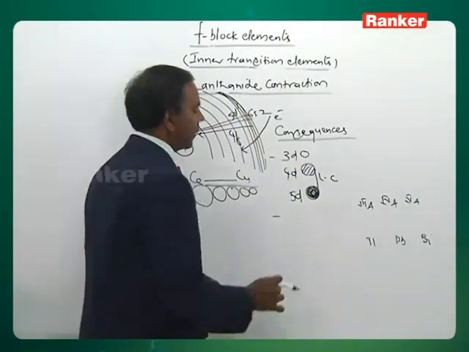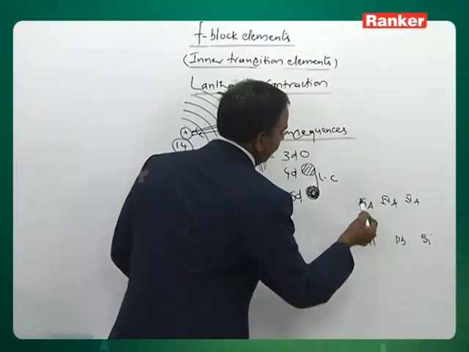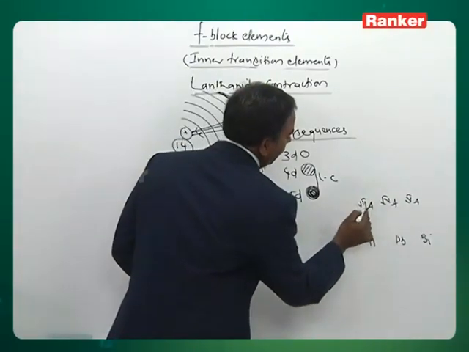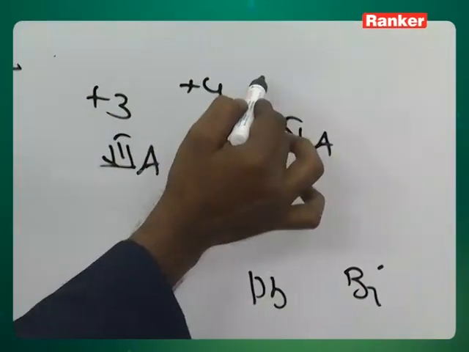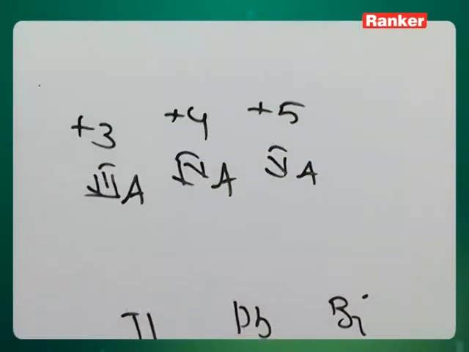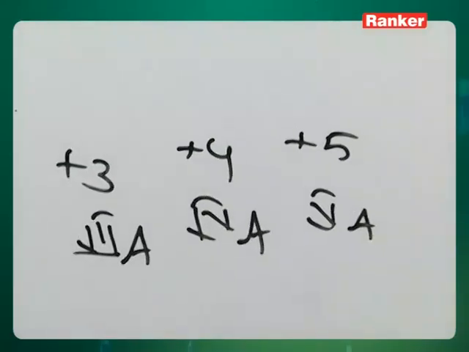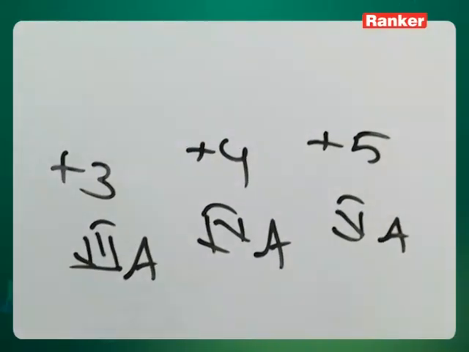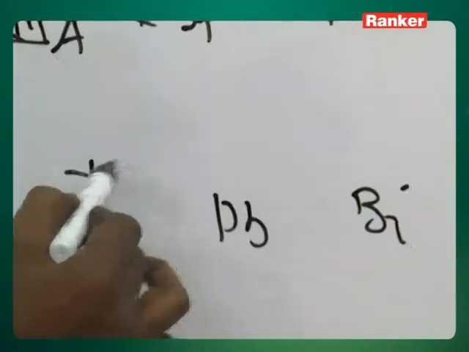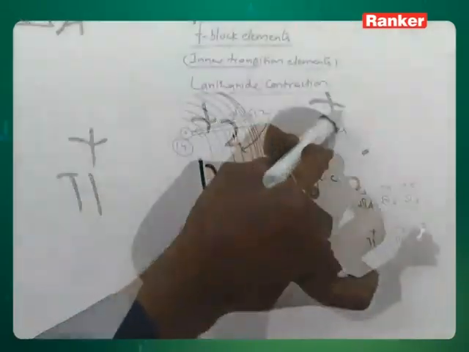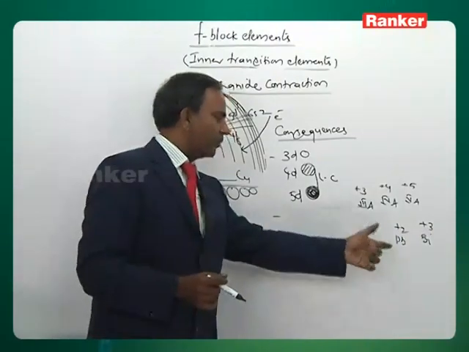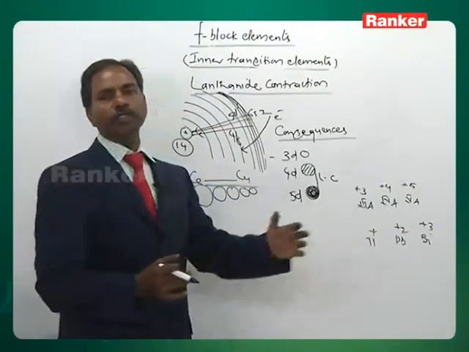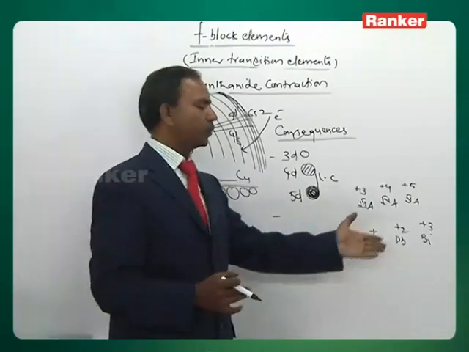What is the common oxidation number of these groups? The 13th group common oxidation number should be +3, the 14th group should be +4, and the 15th should be +5. But the stable oxidation state of thallium is generally found to be +1. In the case of lead it is +2. In the case of bismuth it is +3. Look here, the stable oxidation states of thallium, lead and bismuth are +1, +2 and +3.